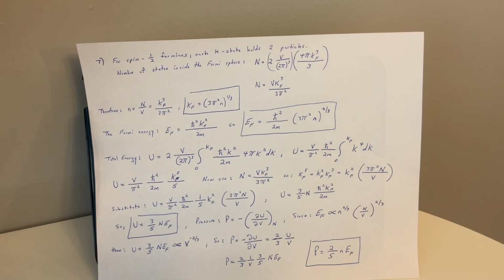Our pressure P equals the negative partial derivative dU dV at constant N. Since E_F is proportional to n to the 2/3, which goes as (N over V) to the 2/3, we can say U equals 3/5 N E_F is proportional to V to the negative 2/3.